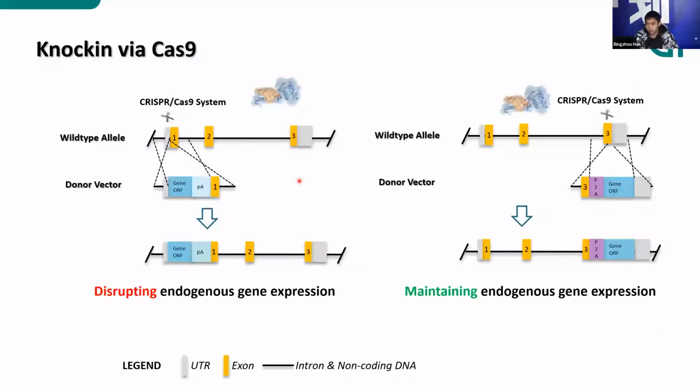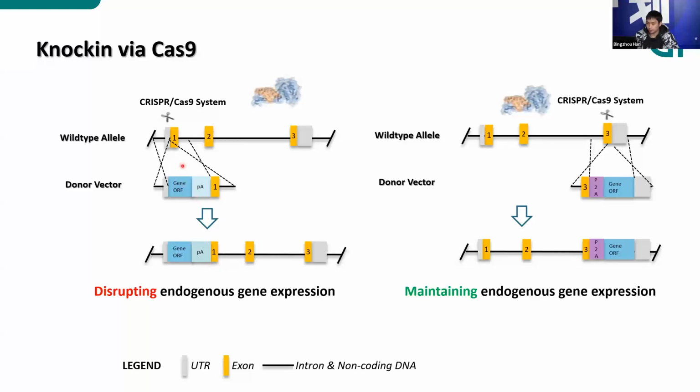Other than knockouts, we could also do different knock-ins with Cas9. Here I give two examples of knock-in. The first is to knock in a construct with an exogenous gene, like a reporter gene or overexpression of another gene, at the 5' terminus of this gene's coding sequence, like downstream of the 5' untranslated sequence. This will be followed by a polyadenylation signal, like a transcription termination signal.